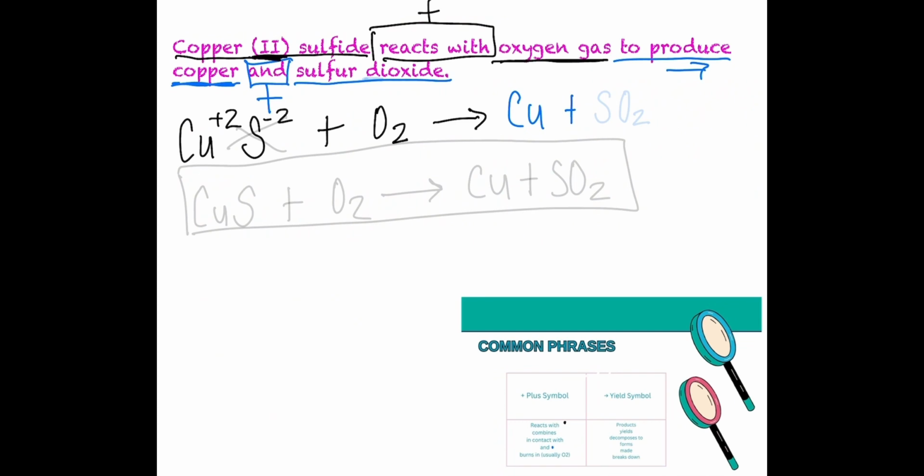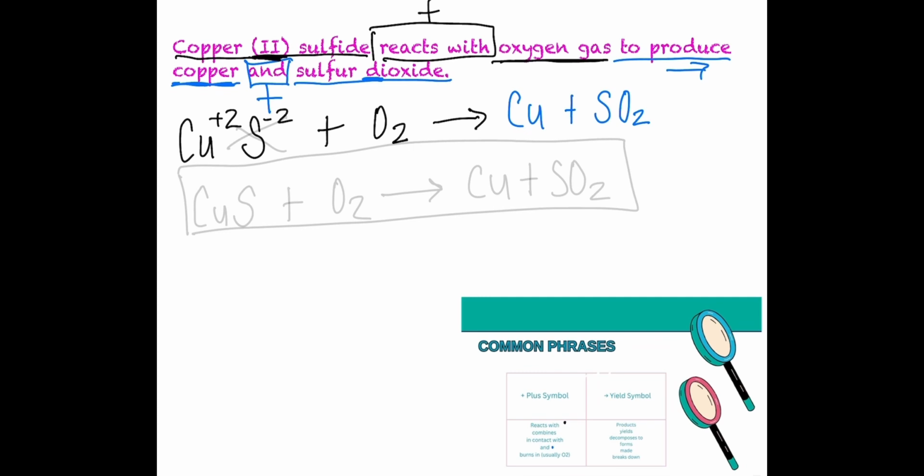I see the common phrase "and," so I'm going to write the plus sign. Then sulfur is S, and dioxide. The prefix lets me know that I have a covalent bond, and di means 2, so this means I have SO2, sulfur dioxide.